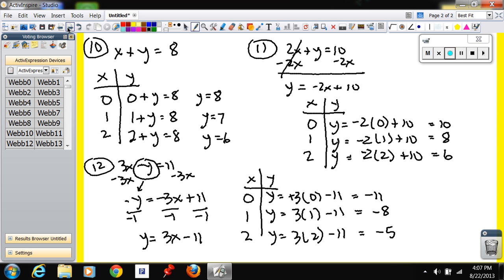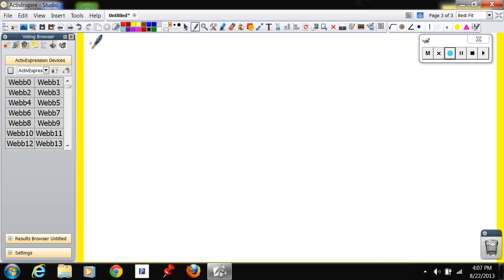Let's go to number 13. Three left. Got 4x plus 3y equals 14. Again, I think it's easier to get y by itself just so we can get our output right away. So minus 4x.